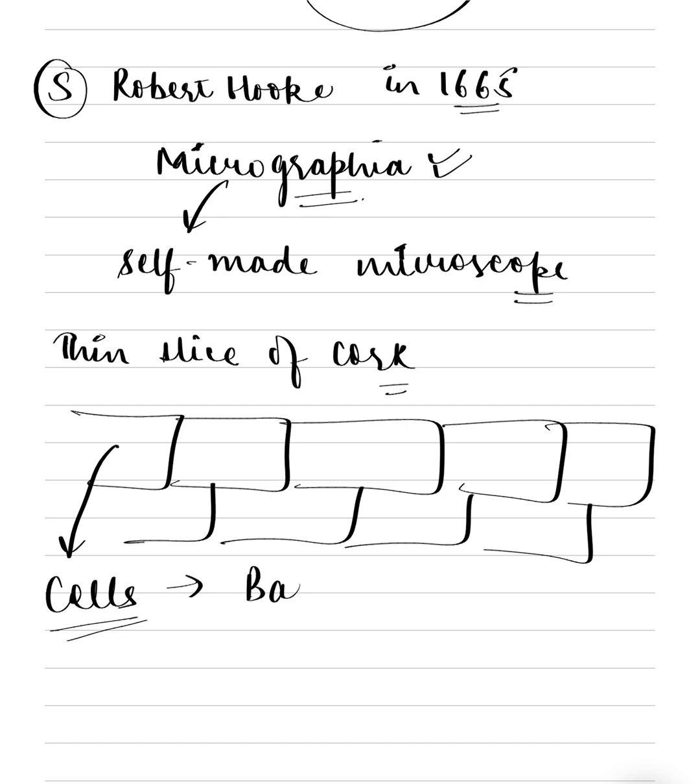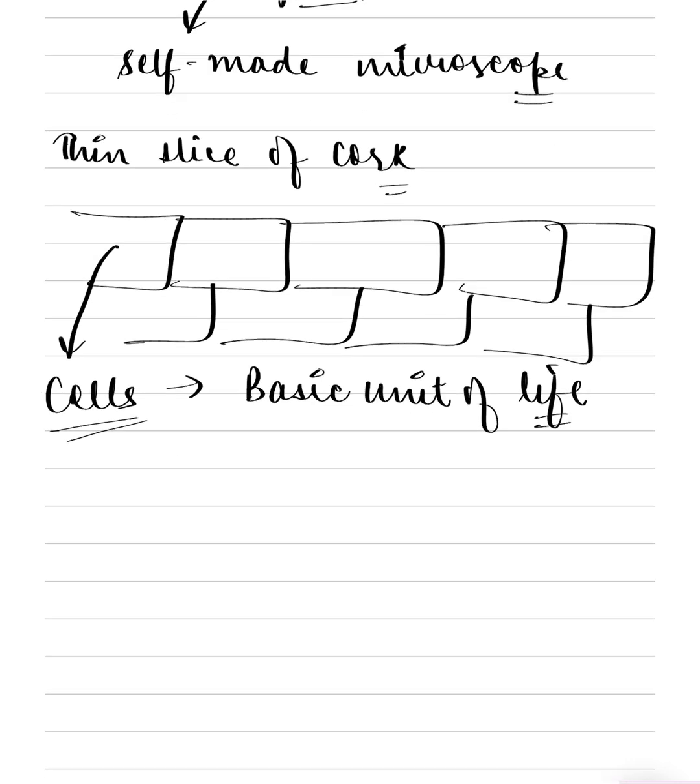Cell is the basic unit of life. Now basic unit means that everything in the living organism is made up of cells. For example, we have nerve cells, we have blood cells, etc.